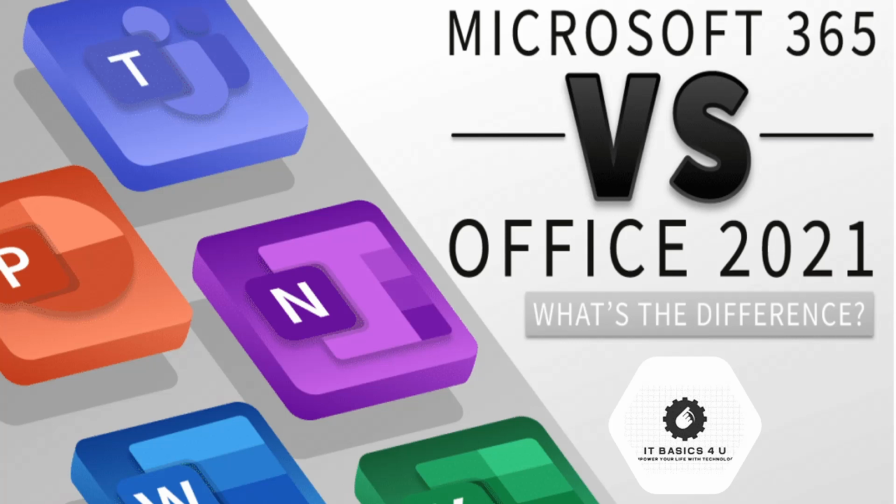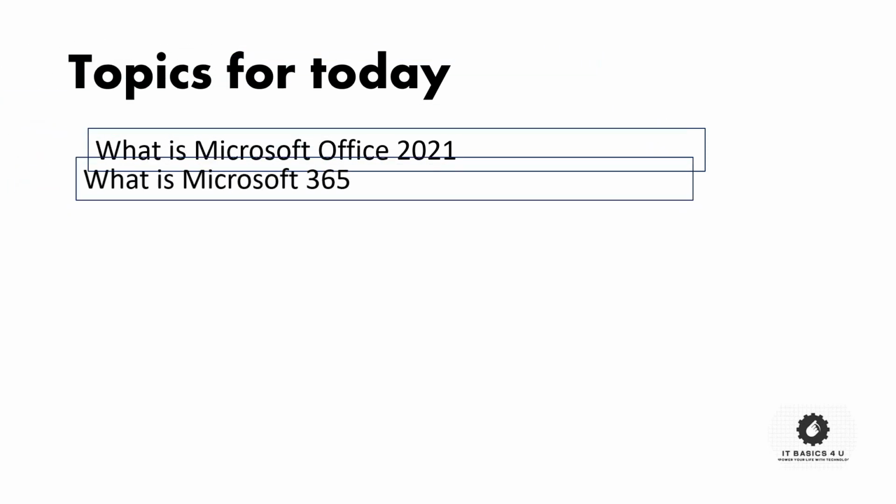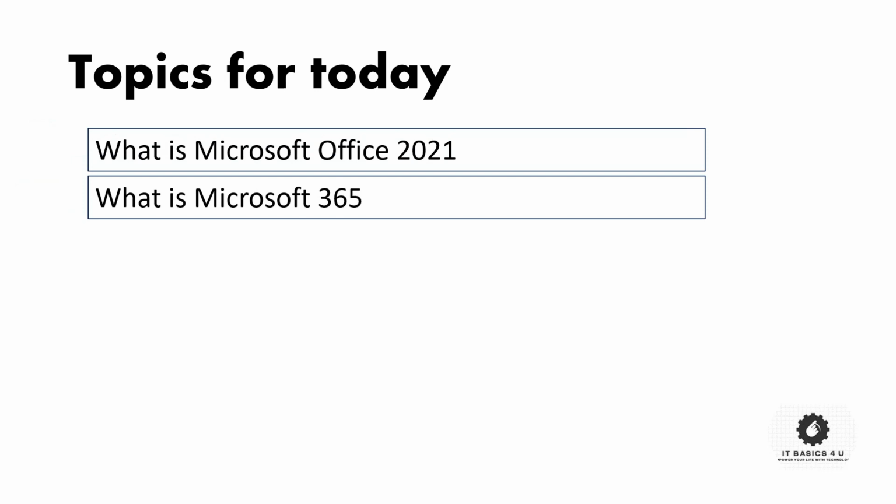Okay, with that we go down to the topics that we are planning to cover. We'll be looking at what is Microsoft Office 2021, its key features and applications involved. We will also look at Microsoft 365, its features and applications.